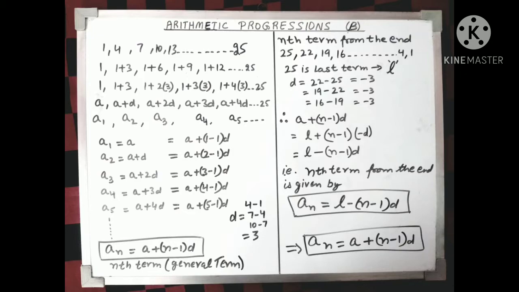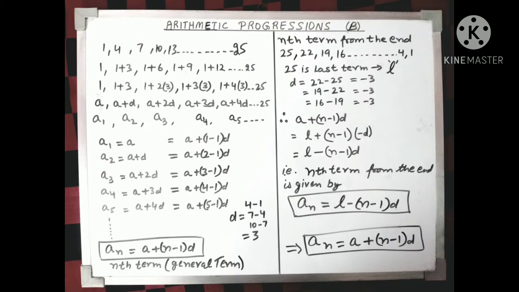Even if the sequence is given simply as we had it earlier, we can simply make the last term the first term and change the sign of the common difference. If it was plus earlier, it will become minus, and if it was minus earlier, it will become plus, right?